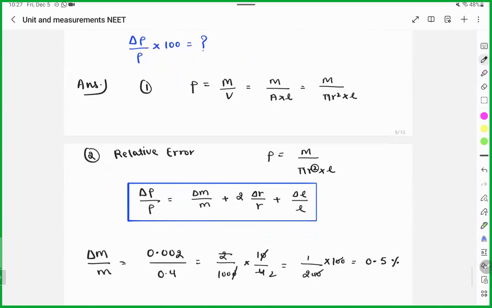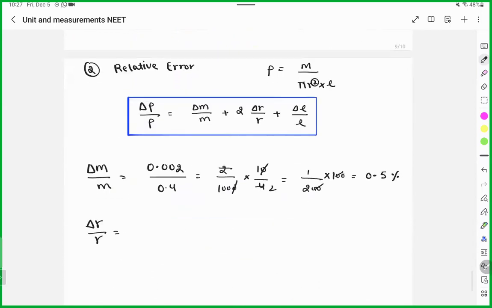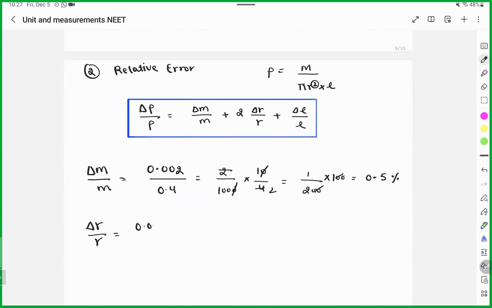So if you take this, 0.001 divided by 0.3. So again 1 by 1000 divided by 3 by 10. If you multiply by 100, you can calculate in the percentage also. So in percentage, it will be 1 by 3%.